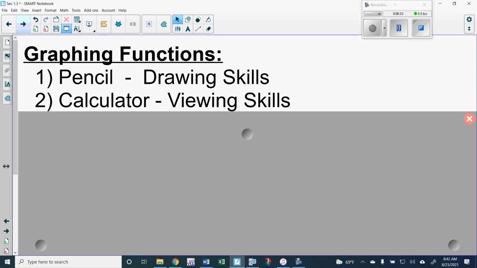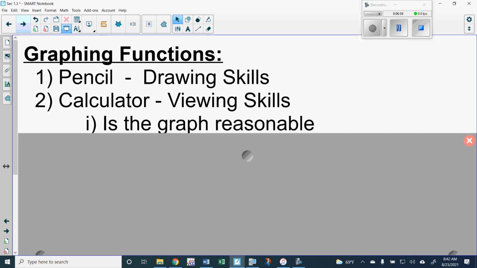So some of the things we're going to talk about when you graph stuff on the calculator. At this point, hopefully you think about whether, when you graph something, it is reasonable. Is that graph what you think it should look like? Because of the parent functions, if you graph a quadratic, you should know what it looks like.